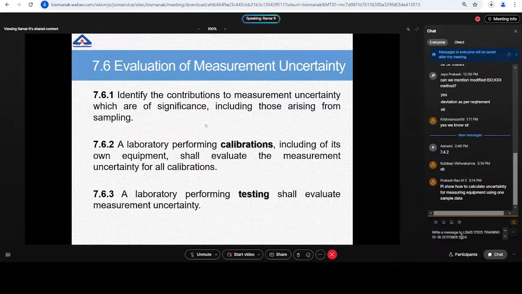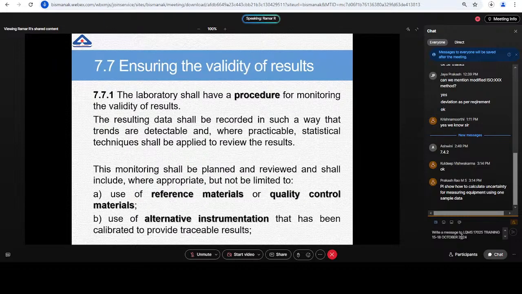Who will ensure that? Mostly the samples received in the laboratory are unknown. Whatever result you get, you don't know whether it is correct or not, because the value is not known to you. It's an unknown sample, so you don't know the actual result for the given sample.